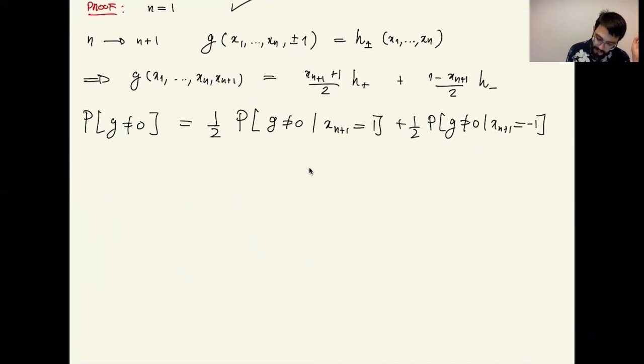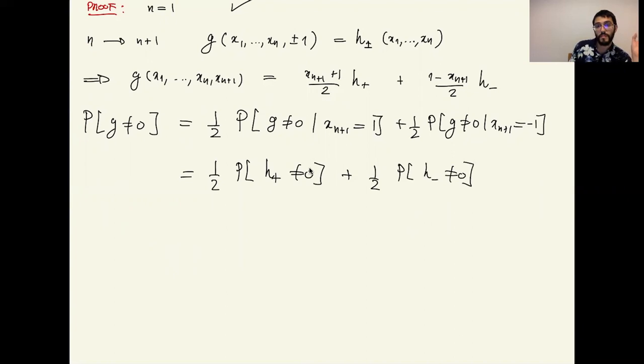But if x n plus 1 is 1, that means this is the only term that survives. This is 0, and this one is 1. So this is the same as a half the probability of h plus being not 0, plus a half the probability of h minus being not 0. Okay. So then you make the assumptions.